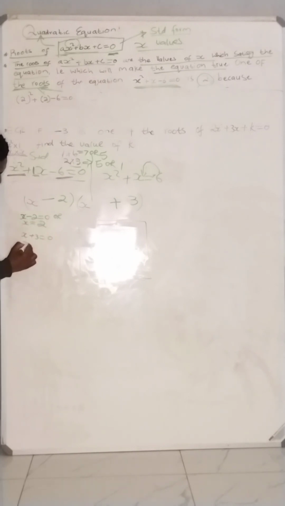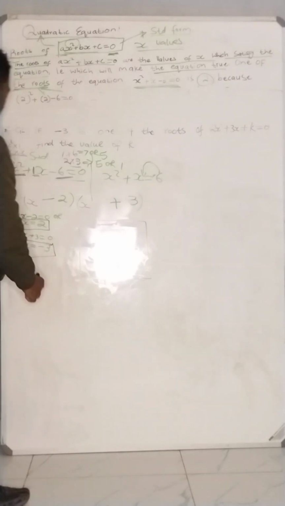In this case, x will be equal to negative 3. So if you remember carefully, they mentioned that positive 2 is one of the roots, okay, and negative 3 is the root that they didn't tell us about.